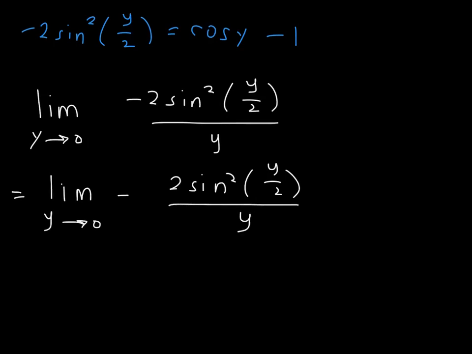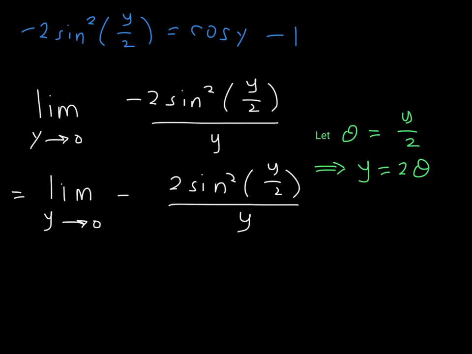What I would like to do is make a substitution. Let theta equal y over 2. If theta is equal to y over 2, that's equivalent to saying that y is equal to 2 theta. All right, so let's make that substitution.